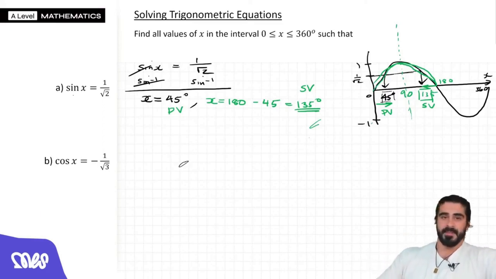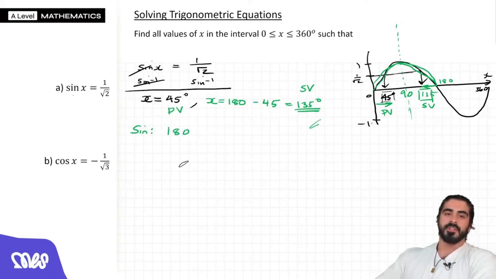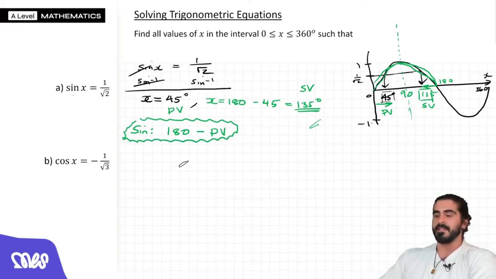That's it. I'm going to summarize this for you. For sine, doesn't matter what you're dealing with, to find the secondary value, you do 180 take away the primary value. And you do that whether the primary value is negative or not. Some people call it the principal solution. I like to call it the primary value, but there are different ways of saying that.